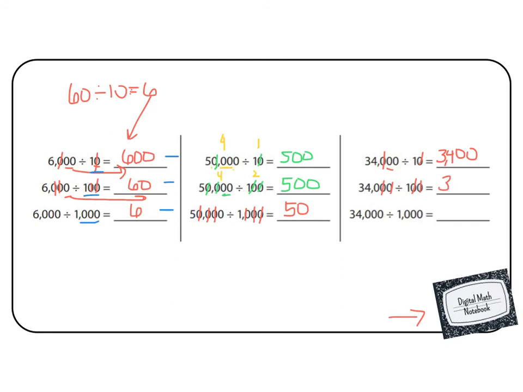So that one's going to be 340. Now I'm going to start with that 34 because I know my 34 is not going to change. And now I'm going to look at my zeros. 1, 2, 3. 1, 2, 3. Oh, look, no zeros left over. So that means my answer is just 34. Great job, guys. Make sure that you pause and type in your answers in the boxes in your digital math notebook.